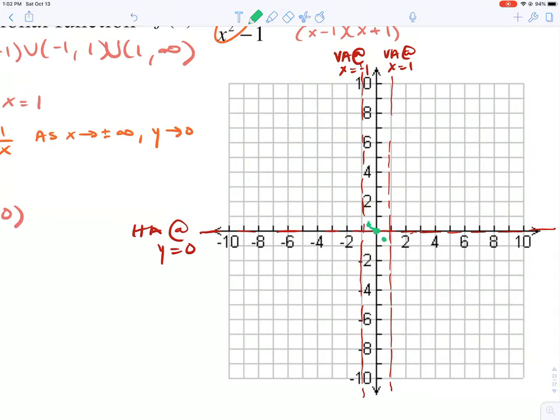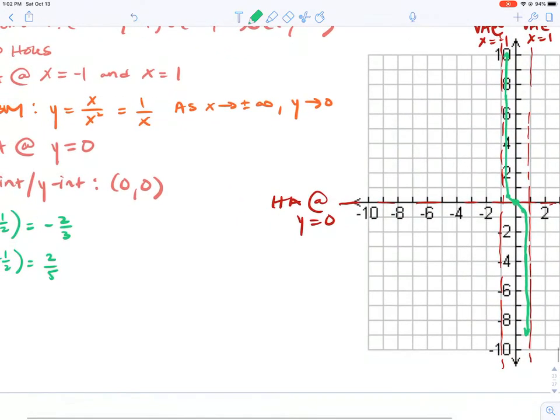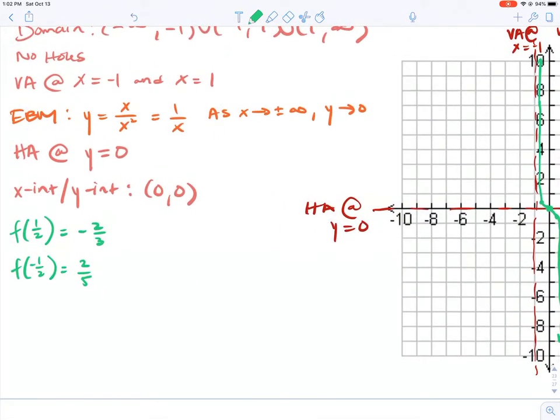Okay, so this tells me, because the graph is going to approach, remember, the vertical asymptotes, it'll increase or decrease without bound as the graph approaches. So this tells me that it's probably going to approach like that. Then why don't we also find f of 2 and f of negative 2.